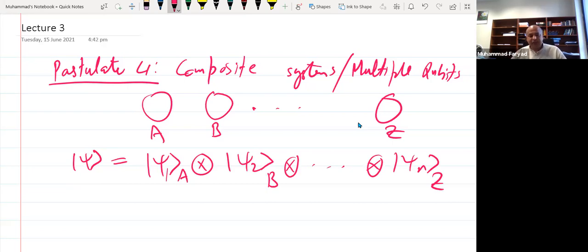In general, we will have subscripts written under these states that tell us that this is the state of system B.